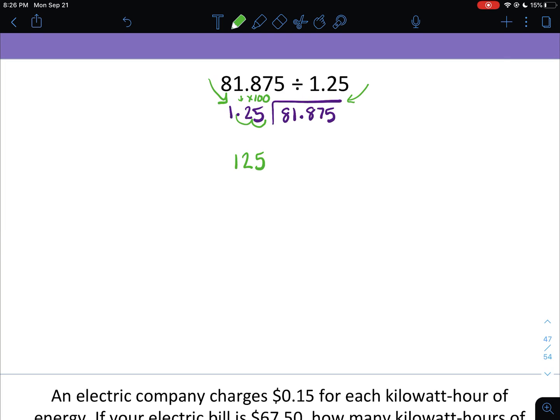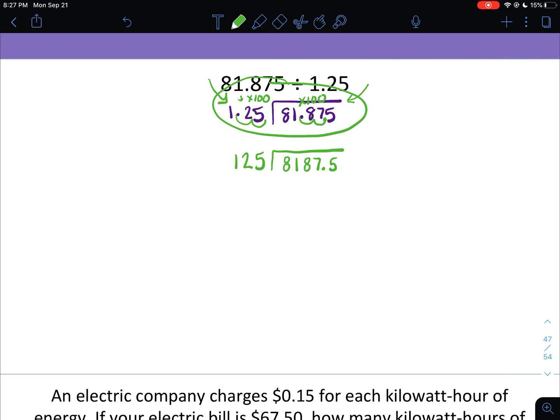But if you do that in the divisor, which you always have to move, you also have to do it to your dividend. So we're also going to multiply our dividend by 100, and move the decimal 2 places to the right. So that becomes 8,187.5.